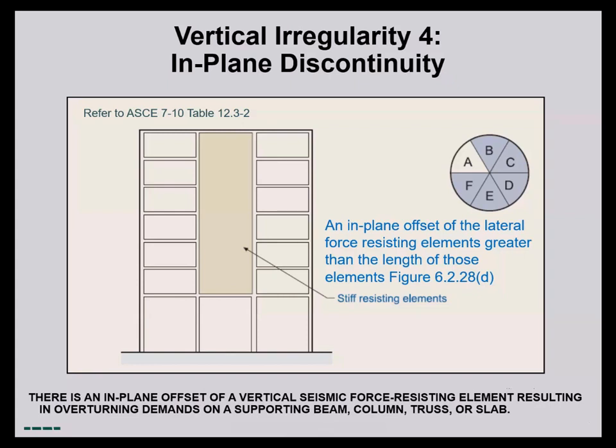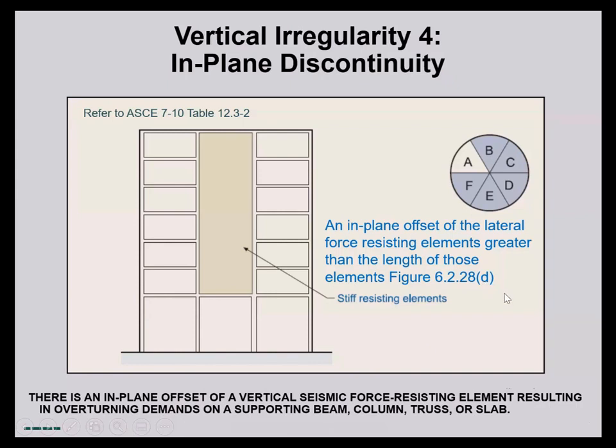There is an in-plane offset of a vertical seismic force resisting element, resulting in overturning demands on a supporting beam, column, truss, or slab. That is the ASCE 7 definition. The definition in BNBC is different.